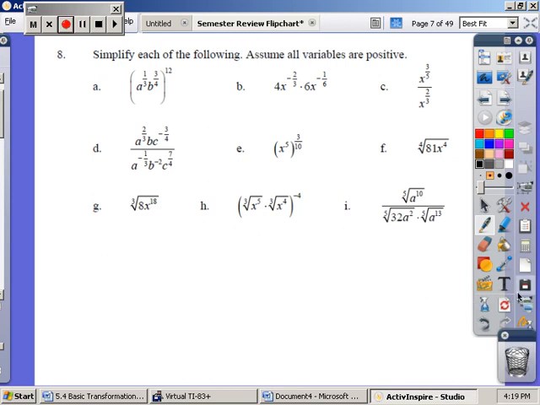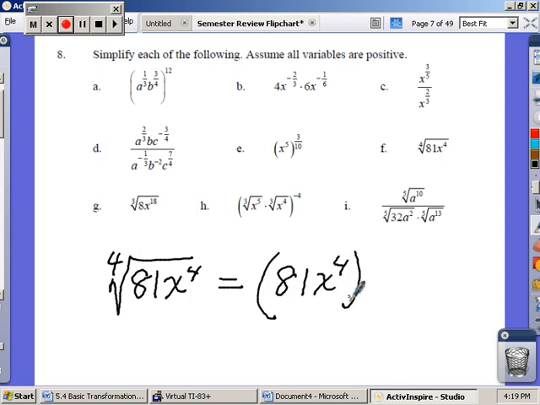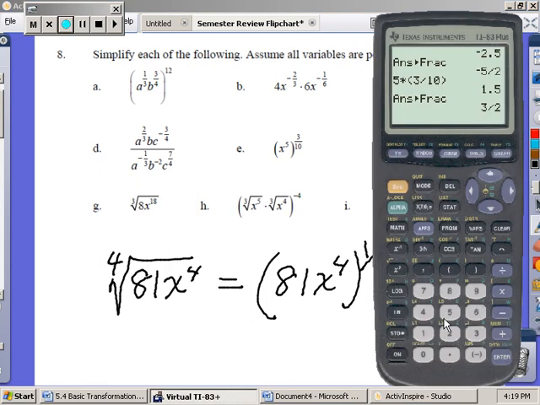Letter F. The 4th root of 81 x to the 4th. Rewrite as 81 x to the 4th to the 1/4 power. Go to your calculator. 81 caret parentheses 1 divided by 4 parentheses equals 3.